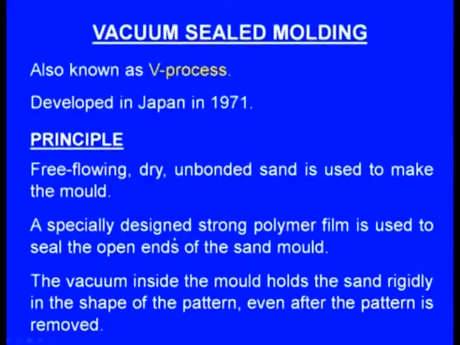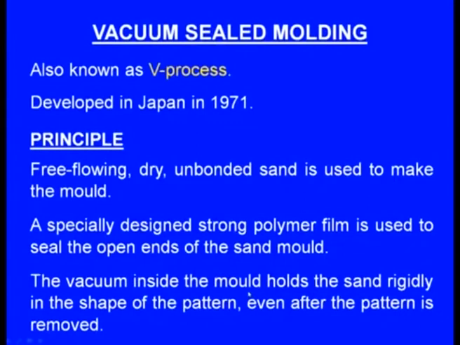Next, a specially designed strong polymer film is used to seal the open ends of the sand mold. The sand mold will be sealed using a strong polymer film. The vacuum inside the mold holds the sand rigidly in the shape of the pattern even after the pattern is removed.